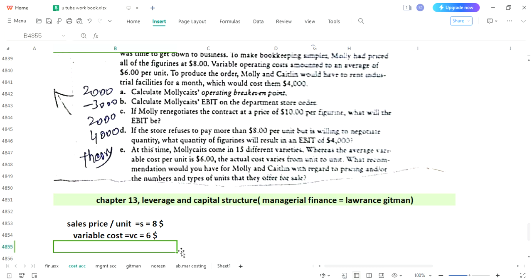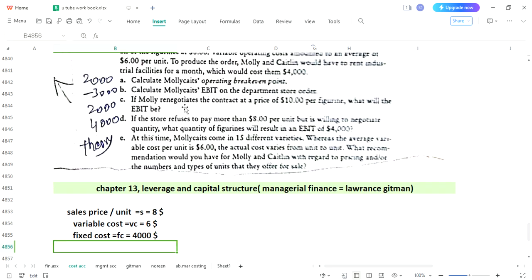In other words, if you are manufacturing 1000 units, 10,000, 9,000, or 1500, since you have hired that place for a month, you will have to pay 4,000. So guess what this cost is? Most of you will give the correct answer that it is your fixed cost, as you will pay it for a month. So $4,000 we have got as our fixed cost.